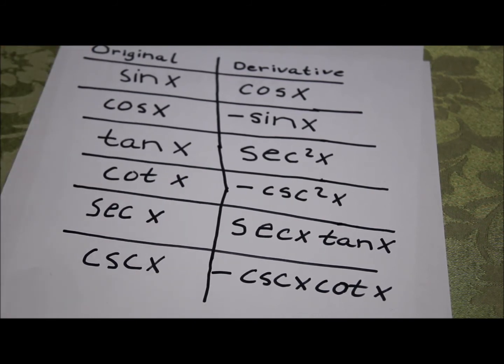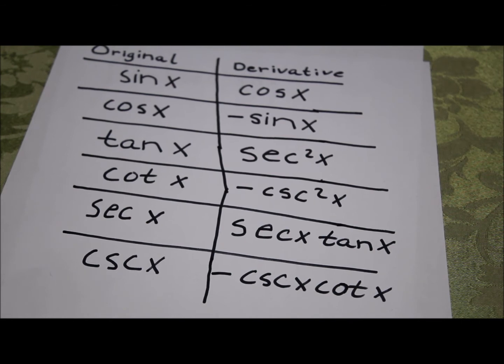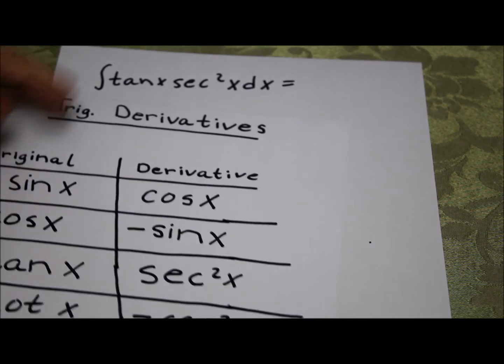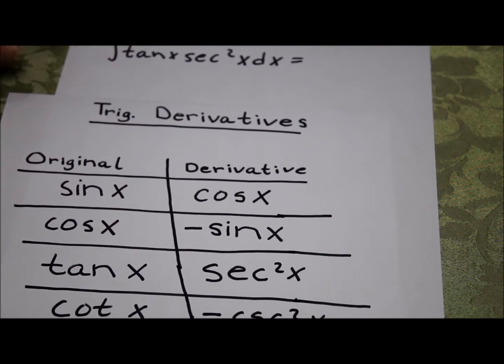And the derivative of sine x is cosine x, the derivative of cosine x is negative sine x, the derivative of tangent x is secant squared x, the derivative of cotangent x is negative cosecant squared x, the derivative of secant x is secant x tangent x, the derivative of cosecant x is negative cosecant x cotangent x.